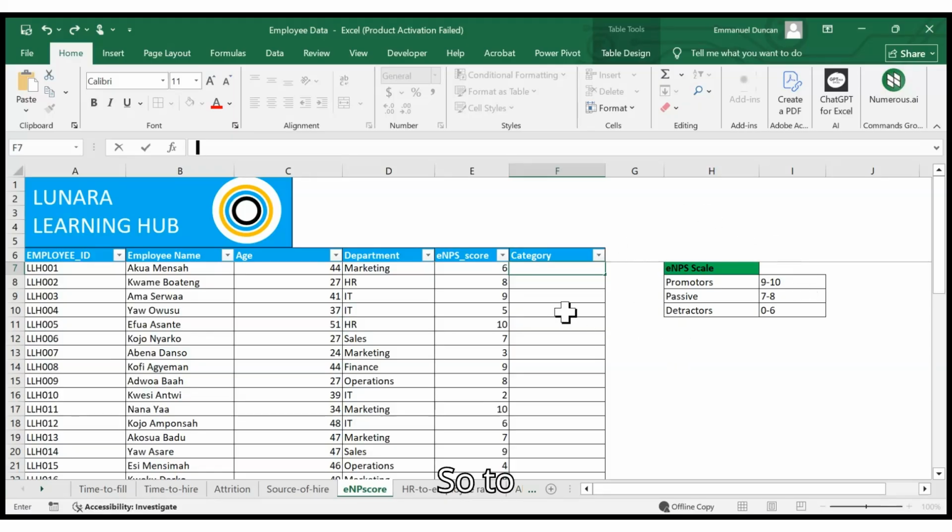So, to calculate the category of the net promoter score, let's use the IF function to have our calculation done. So equal to, then your IF function, then your logical test.